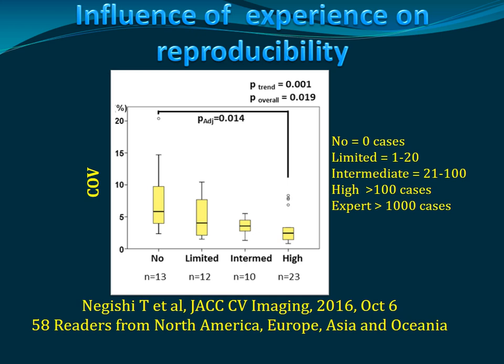If we look at the one that has done no cases, we have a very large variability, but the one who has done more than 100 and sometimes even experts with more than 10,000 cases before, we see that we have a large reproducibility of the results, and we can actually count on it. The most important message of this slide is that you have to do strain a lot to be reproducible, meaning that you have a learning curve that you have to fulfill and work until you can say that you can reproduce your results.